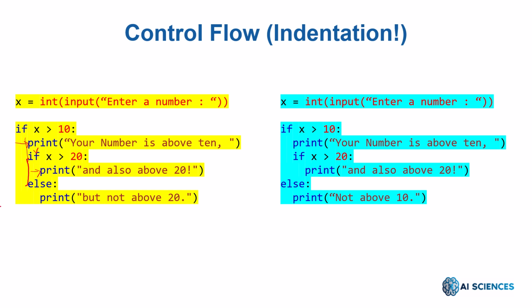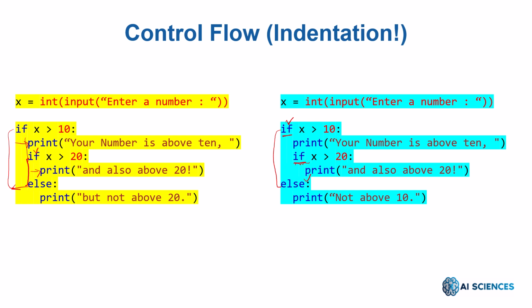However, if the same else is moved back and aligned with the outer if, as shown on the right side, then this else will not be the else part of the inner if. So basically, this indentation defines which structure belongs to which block.